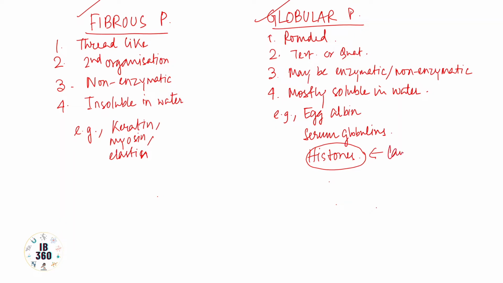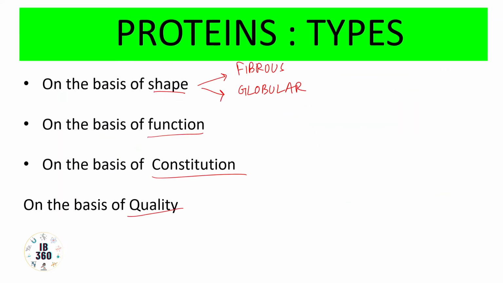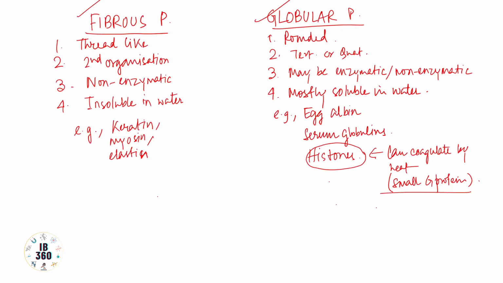So this is the difference between fibrous and globular proteins. Proteins can be categorized on the basis of their shape into fibrous and globular proteins, and examples are very important. You should memorize at least these two examples from here.